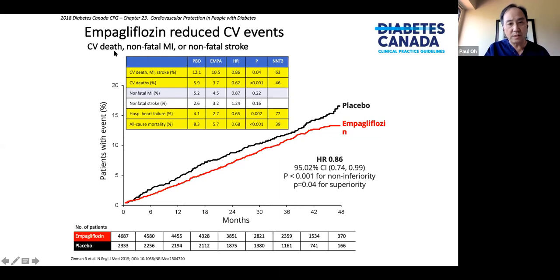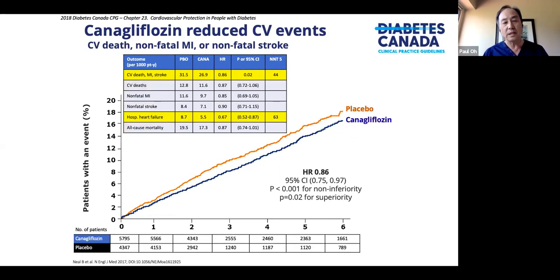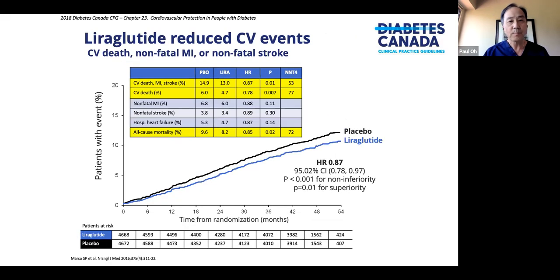So there was a declaration that these sorts of medicines were good for diabetes and also good for the heart. Similarly, the sister medication in the class, canagliflozin, was shown to reduce blood sugar and was also shown to reduce cardiovascular events by remarkably the same amount, 14%, over a course of, in this case, 6 years.